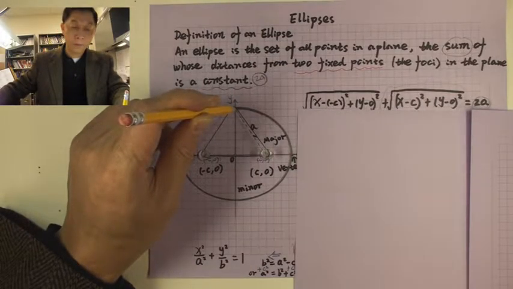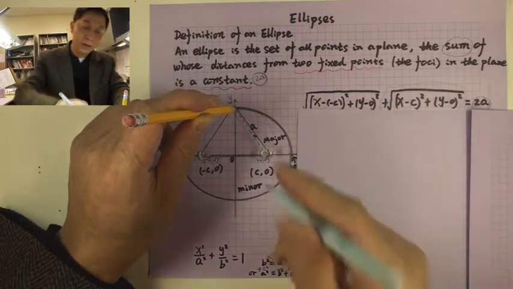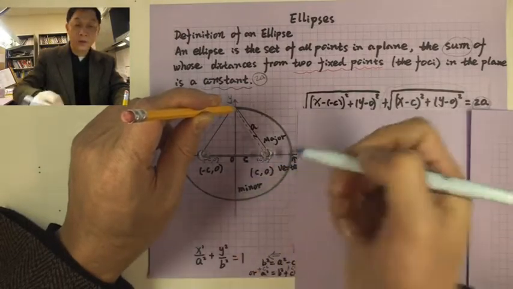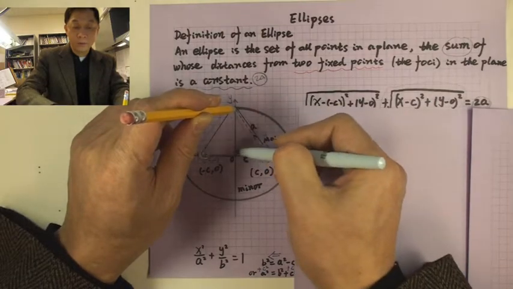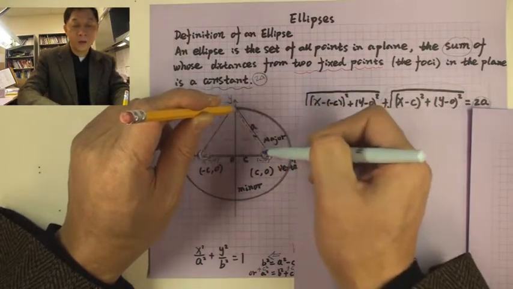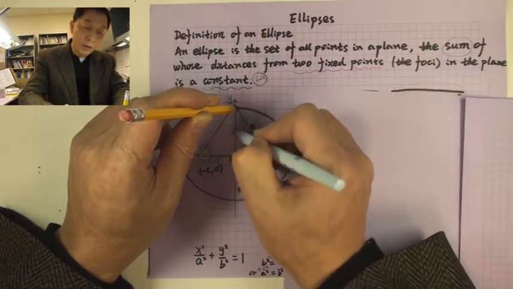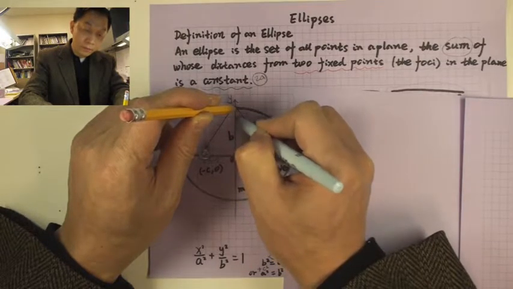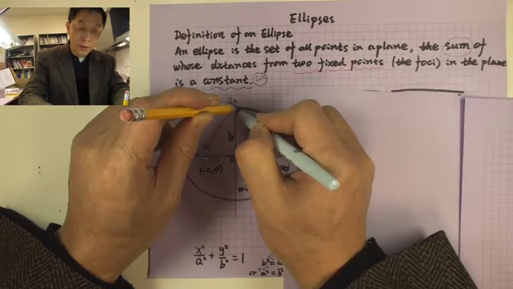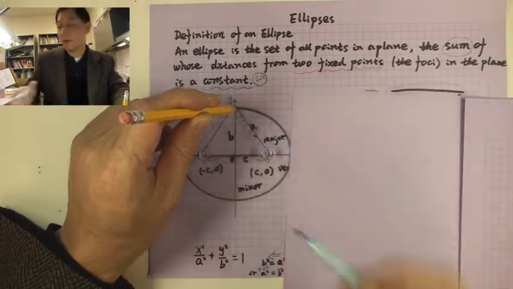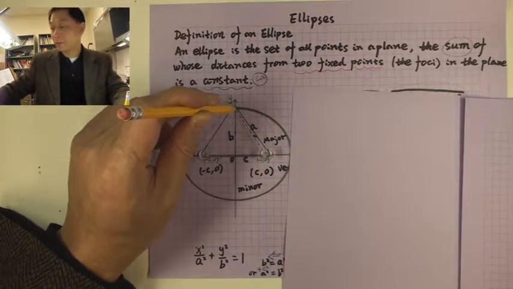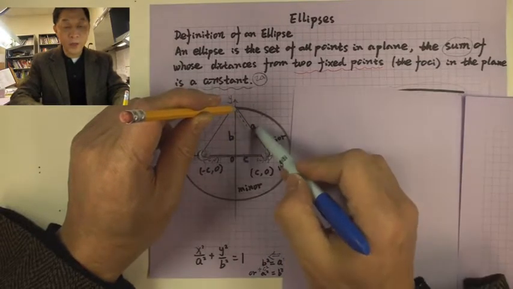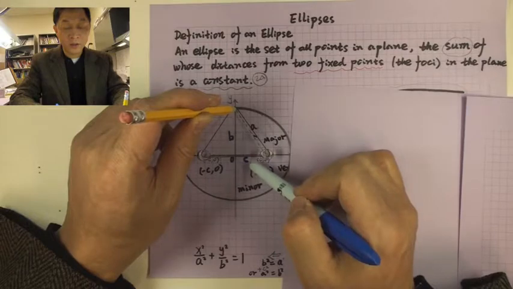Let me mark it. Now you know this is a right triangle. Let me mark this part with b. This part, from this part to this part, is b. So then probably you agree you have a squared equals b squared plus c squared.